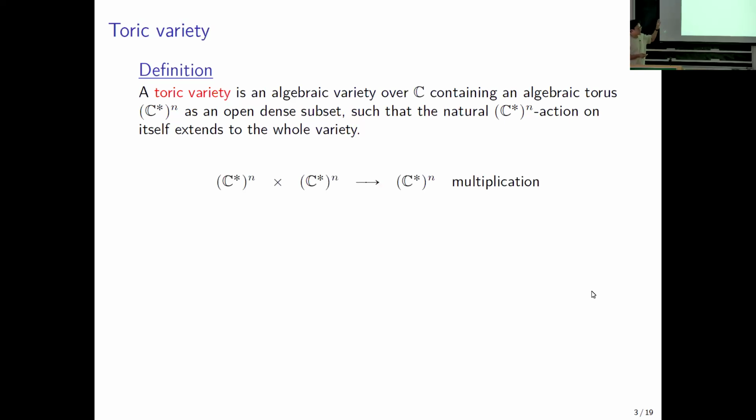But I know that this definition is too abstract, so it's rather difficult to feel the real flavor of toric varieties. So I summarized this definition into a simple diagram. First, you think about the coordinate multiplication on this algebraic torus, right? And if this coordinate multiplication can be extended to an action on the entire variety, that's going to be a toric variety.